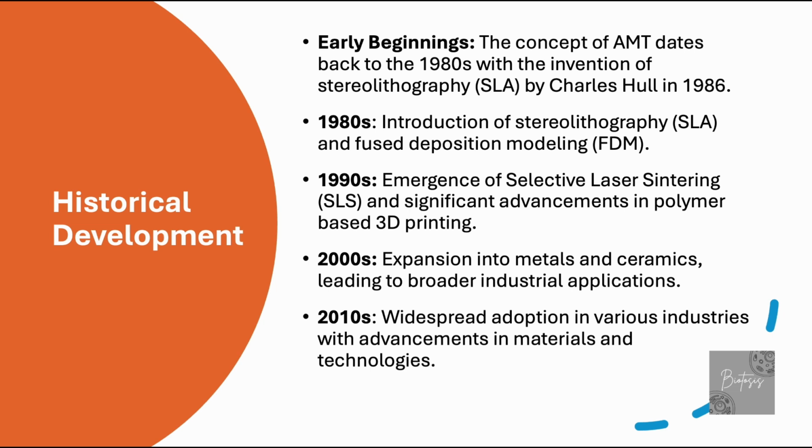In the 1980s, stereolithography and fused deposition modeling were introduced. In the 1990s, there was the emergence of selective laser sintering, which is SLS, and significant advancement in polymer-based 3D printing. In the 2000s, expansion into metals and ceramics led to broader industrial applications. And then in 2010, widespread adoption across various industries with advancement in materials and technologies.